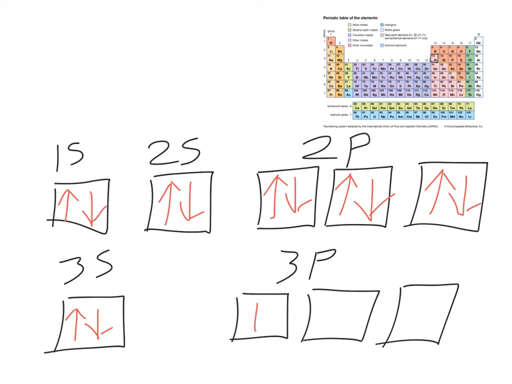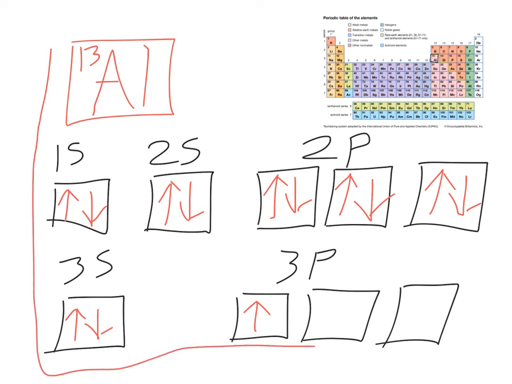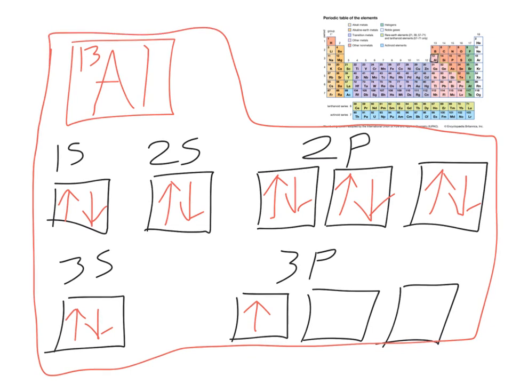And then I only have 1 left, so I'm going to put 1 electron there. Now that I have this, I know that this is aluminum. And it's aluminum because we can see how it fills each electron level that aluminum would have. And that's how we would do the electron diagram.